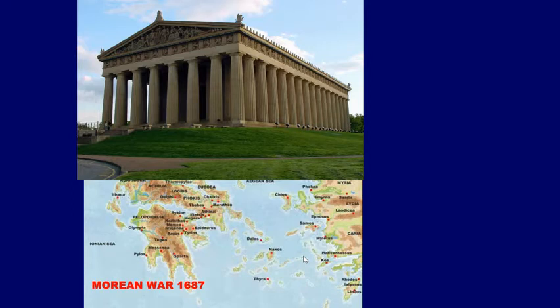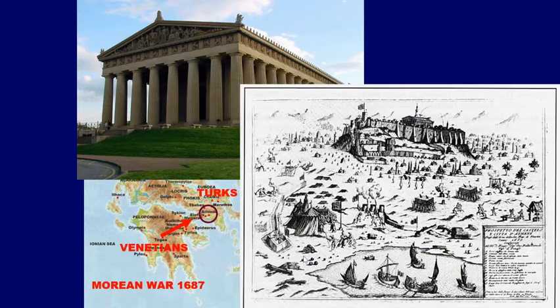All right, and the purpose of this slide is to show you how this thing got blown up. So here's a map of Greece, and there is Athens, and the Turks had control of Athens, and the Venetians were attacking Athens. And this was in 1687. And the Turks had stored all their ammunition inside of the temple.